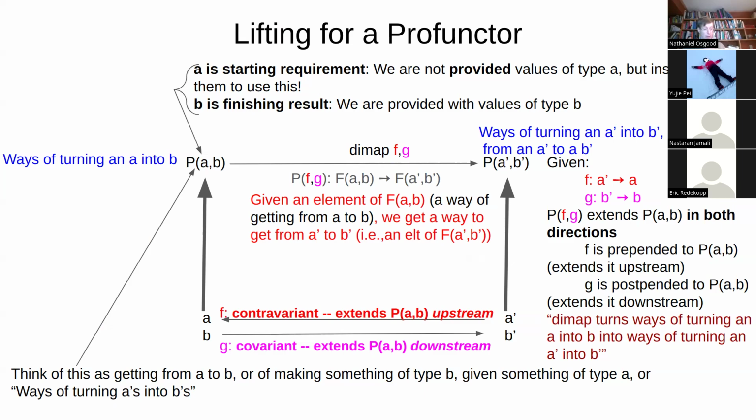have something that goes from an E to an E prime, it gives us something in the opposite direction. So if we have a function from E to E prime, then we can go from a functor of the reader for E prime to a reader for E. It's contravariant. It goes in the opposite direction.